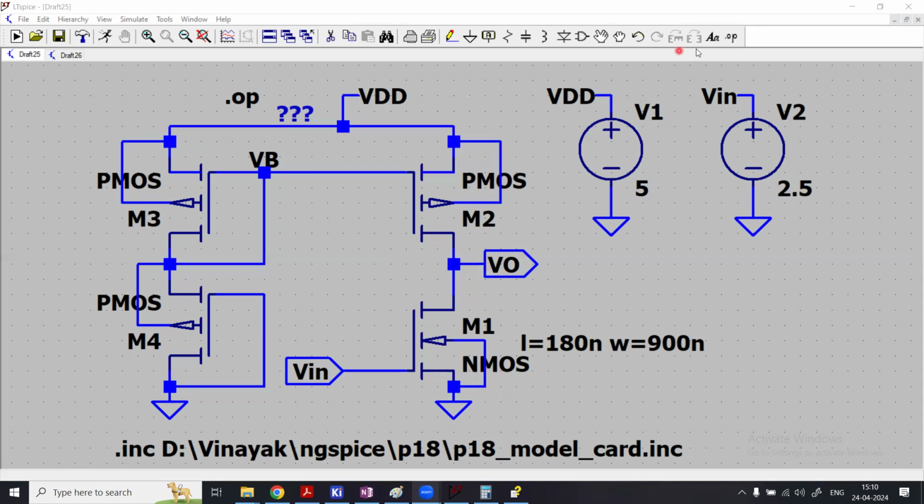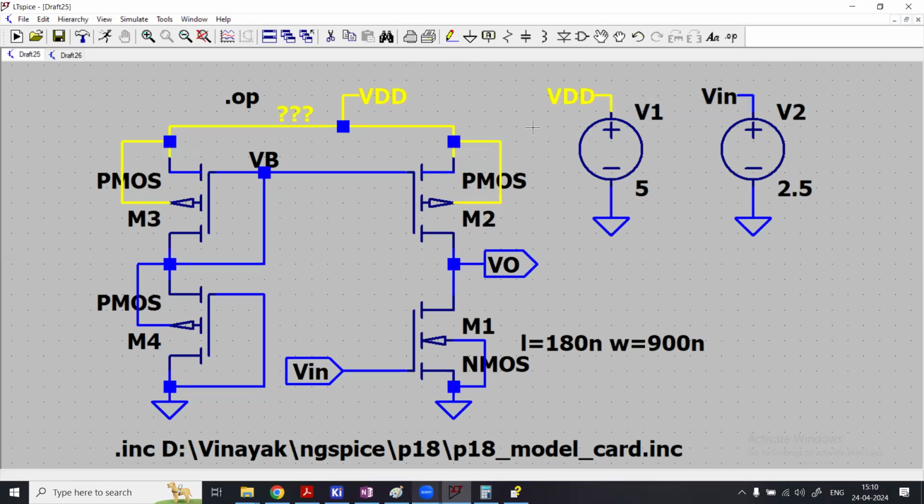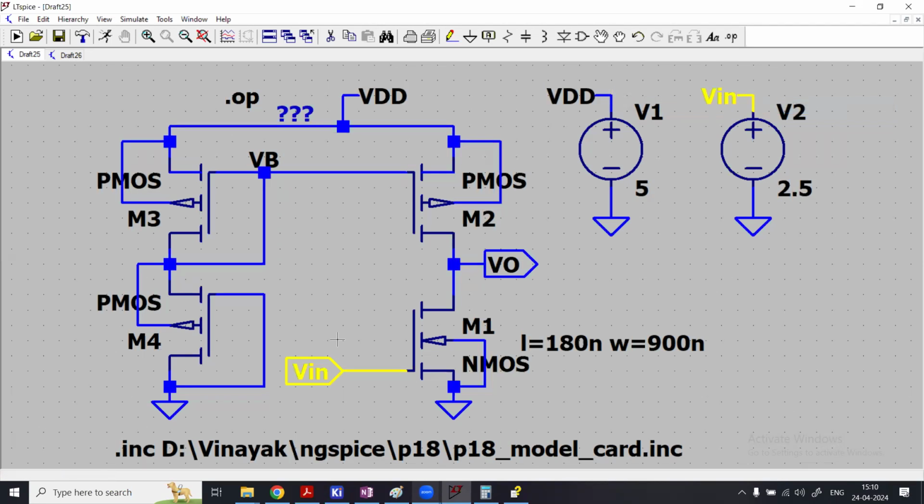Okay, so let me highlight these voltage sources. If I click here, you see that the VDD shows where my VDD connection is coming. I right click here and choose highlight net. Okay, I right click here, then V in, it will show me where the V in is going, right here.